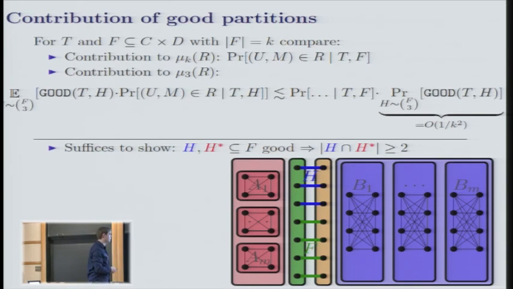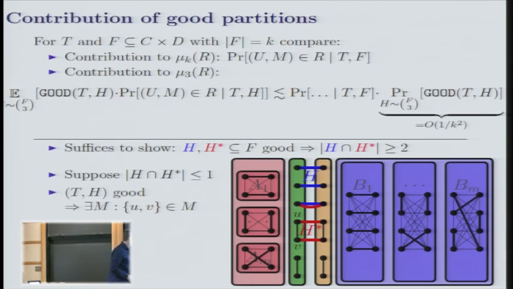Okay. Now, why is this the case? Let's suppose that you have three edges H and H star, and they both satisfy the goodness definition. And they only intersect in one or fewer edges. So if these three edges satisfy the goodness definition, it means that whatever matching I add here, I can extend it to a matching that lies in my rectangle, because in particular, the matching is going to have a positive probability.